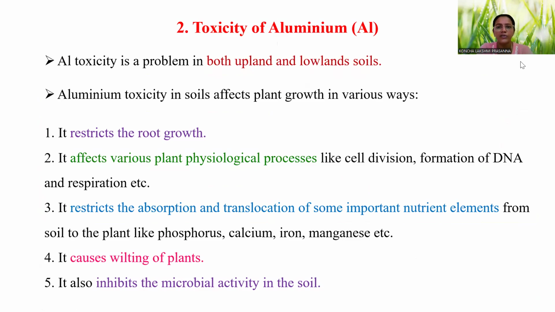Next is the toxicity of aluminium. Aluminium toxicity is caused in acid soil. Its problem is caused in both upland and lowland rices. It restricts the root growth.